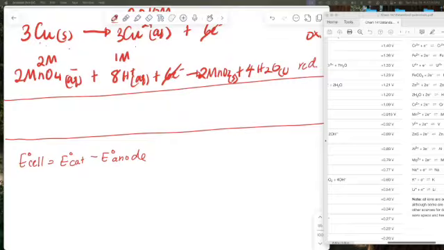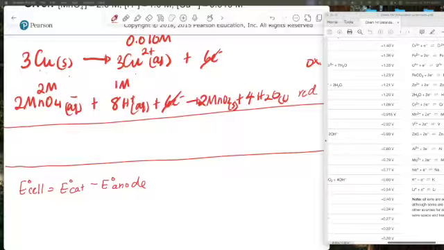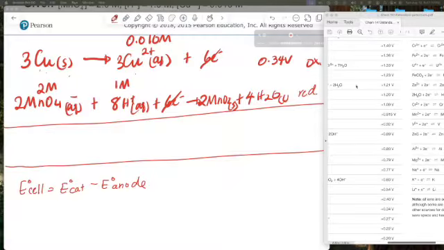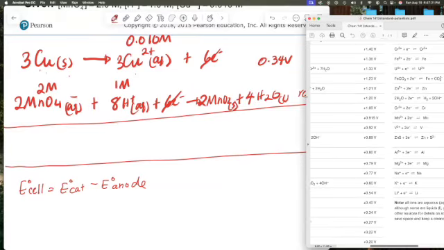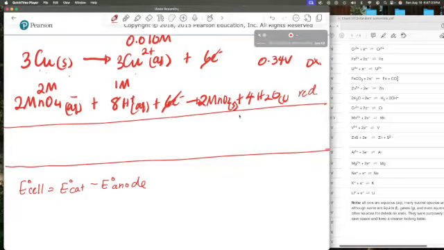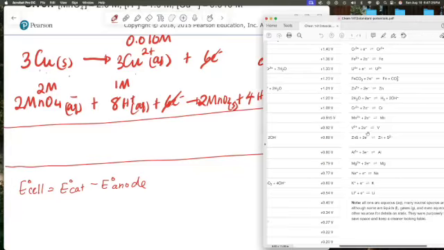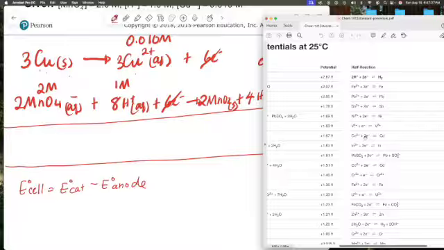Let's find the E of the cell. The top reaction should be 0.34 volts, right? I'll write this here. 0.34 volts. The bottom reaction, we're looking for one that has manganate. Can I find that here? No, not the manganate. Let me not be quick to judge.